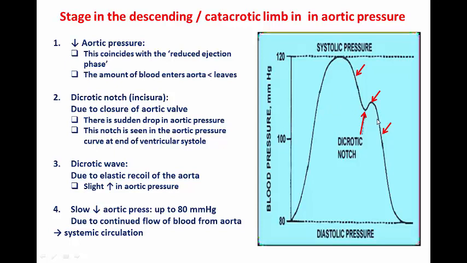Then the fourth stage is slow decrease in the aortic pressure up to a minimum pressure of 80 millimeters of mercury, and this is due to the continuous flow of blood from the aorta into the systemic arteries and the systemic circulation.